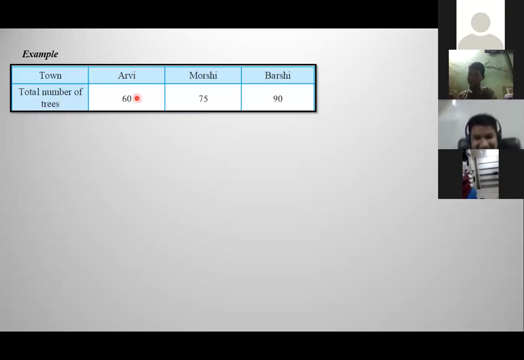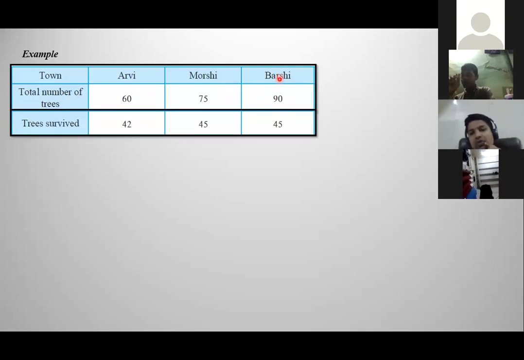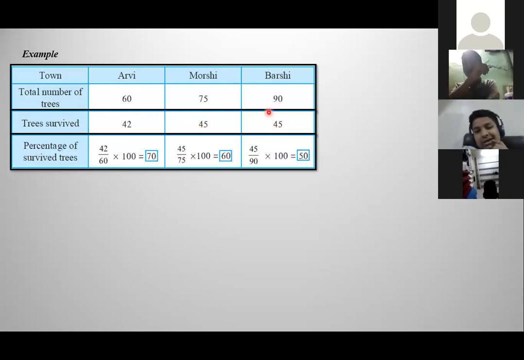The number of trees in Arvi is 60, in the second town it is 75, and in the third one it is 90. And from these trees, how many trees survived? Okay, how many are alive? 42 in the first town, 45 in the second town, and again 45 in the third town.